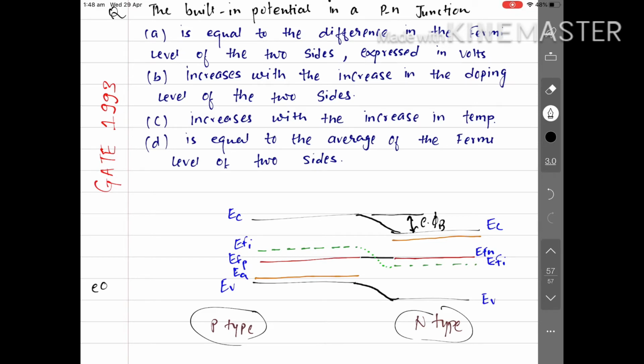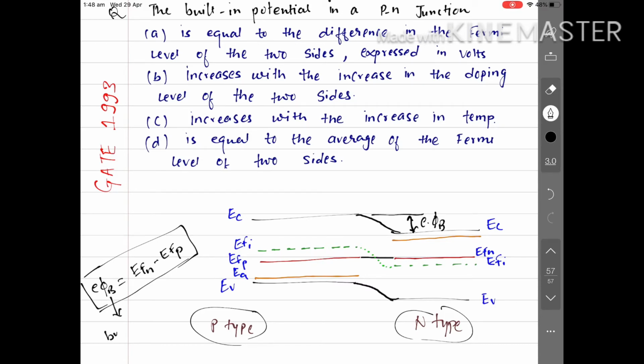So this E phi b is the difference of the Fermi levels, EFN minus EFP.